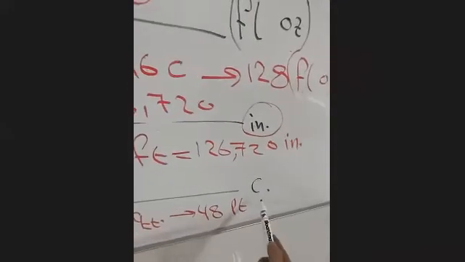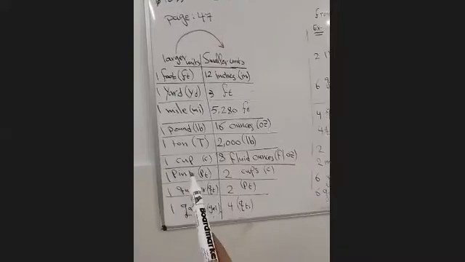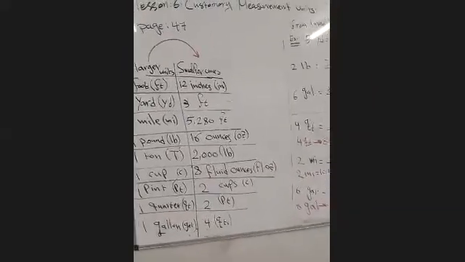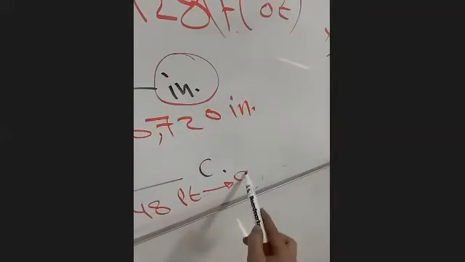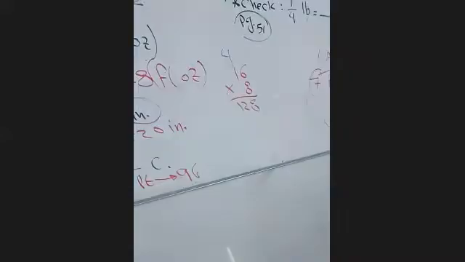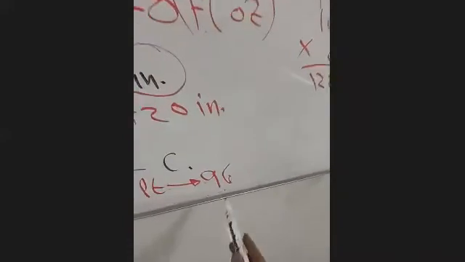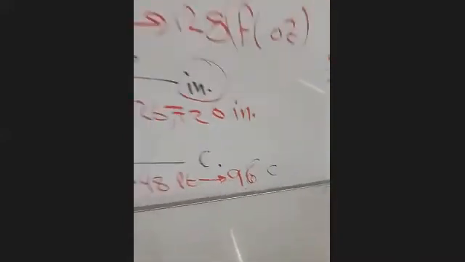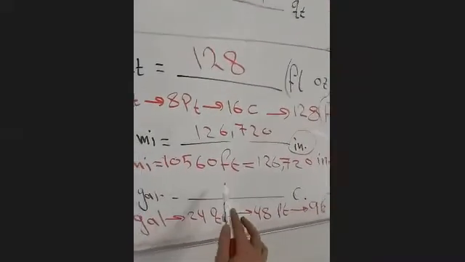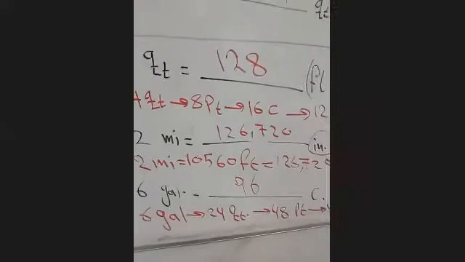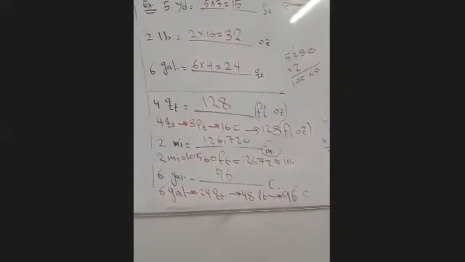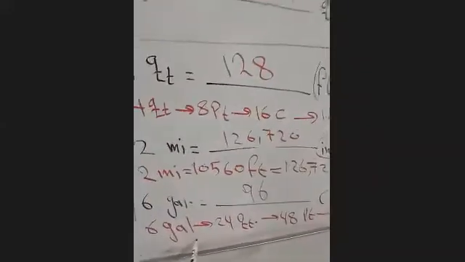Did I get the cups or not yet? Not yet. Now I want to turn the pints to cups. What I will do? Multiply by 2. 48 by 2 is 96. 96 what, guys? Cups. So 6 gallons equal how many cups? 96 cups.